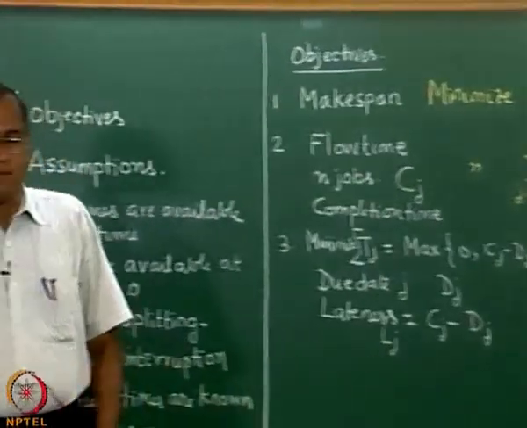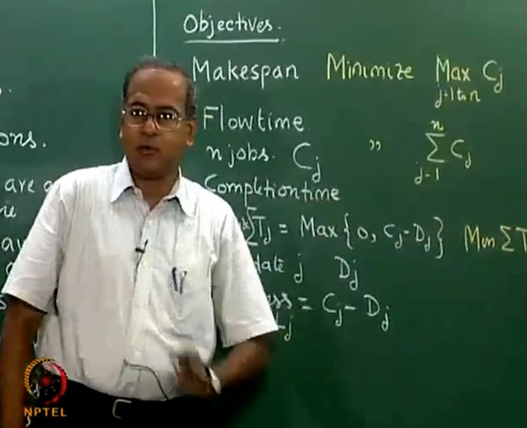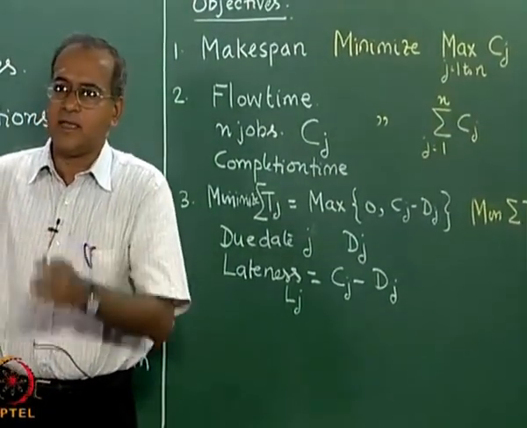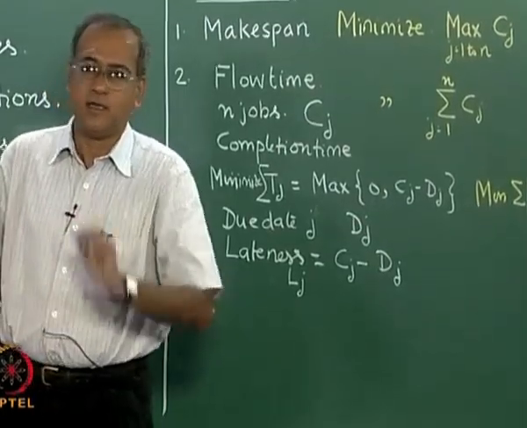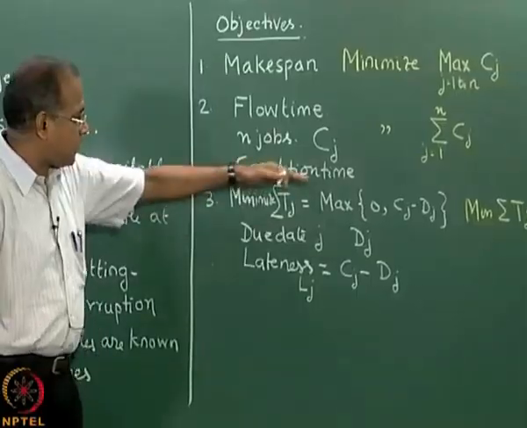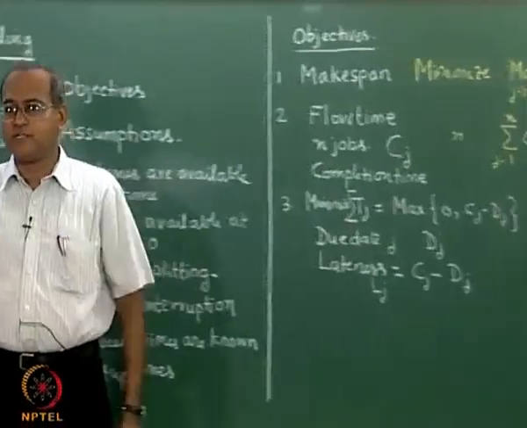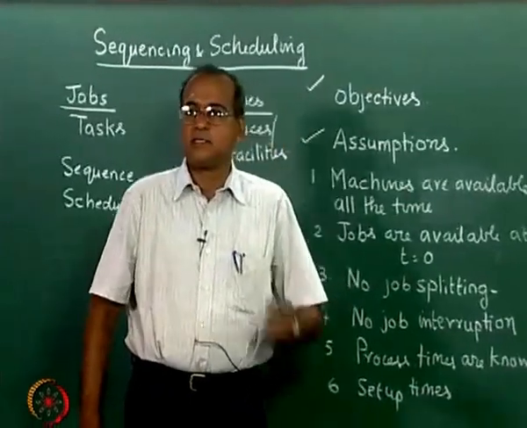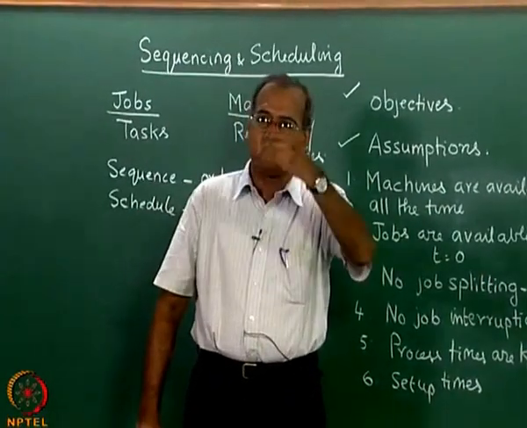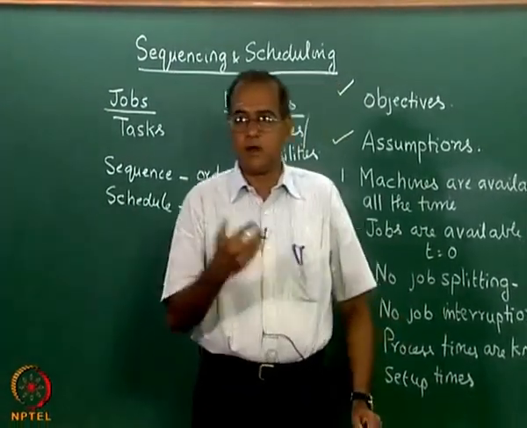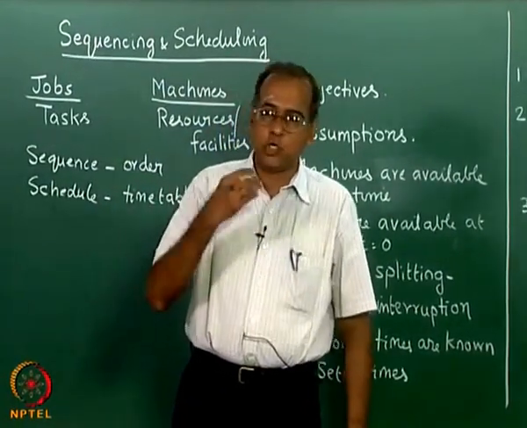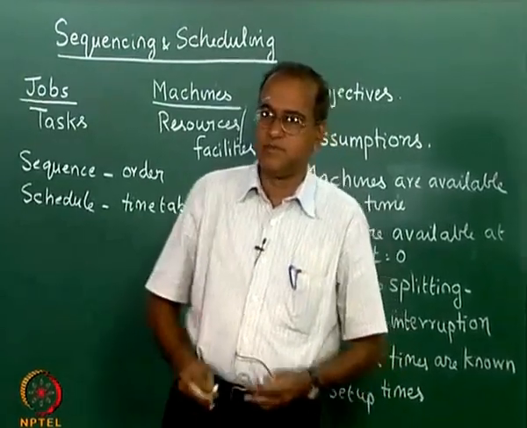Note that this Tj can only be 0 or a positive quantity. Tj cannot be a negative quantity by the very definition here. So the third objective that we can think of in sequencing and scheduling is to try and minimize the sum of the tardiness of the individual jobs, which is commonly mentioned as minimizing total tardiness.